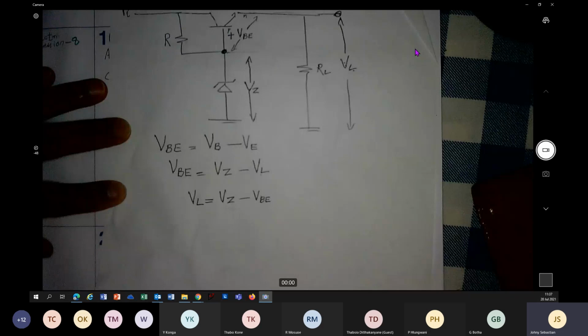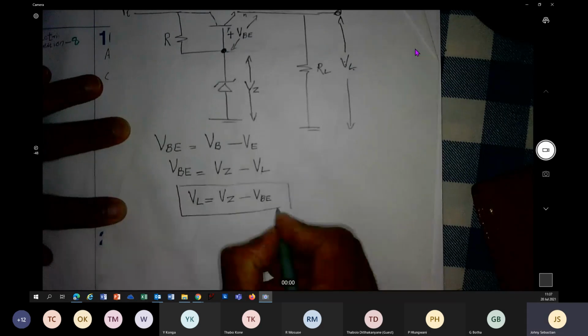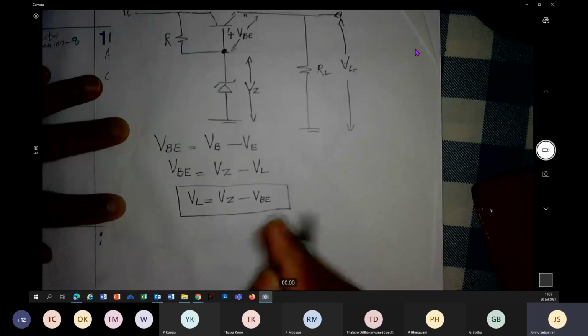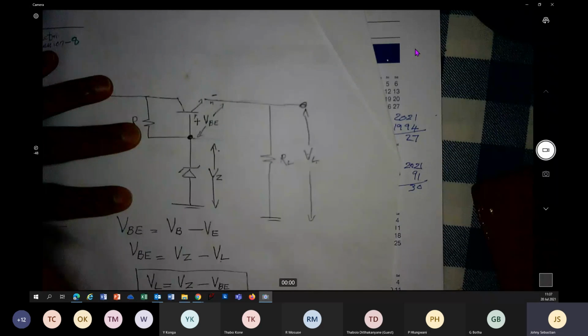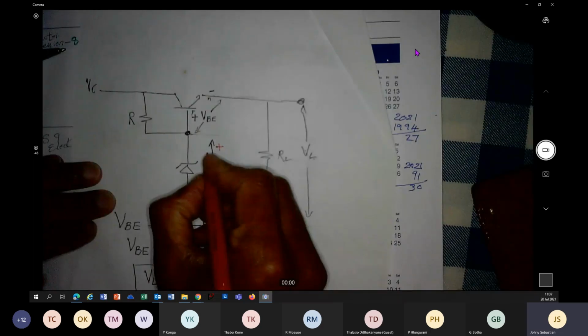We did find the same expression using another concept, because for a Zener diode in reverse bias, the cathode is more positive.